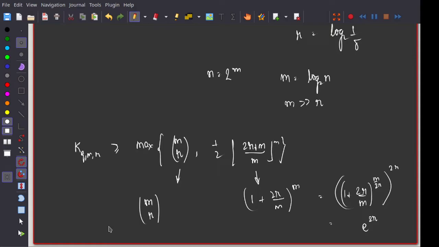Which one would be smaller? So m choose r. Okay. So what is this equal to?